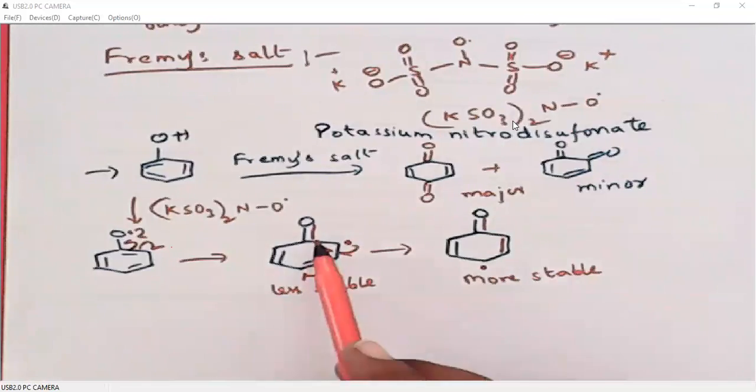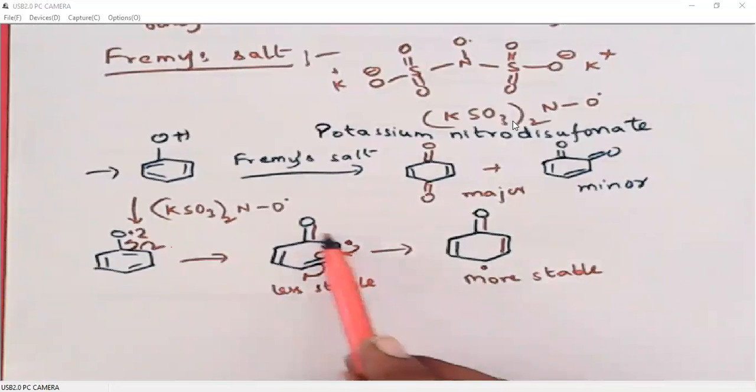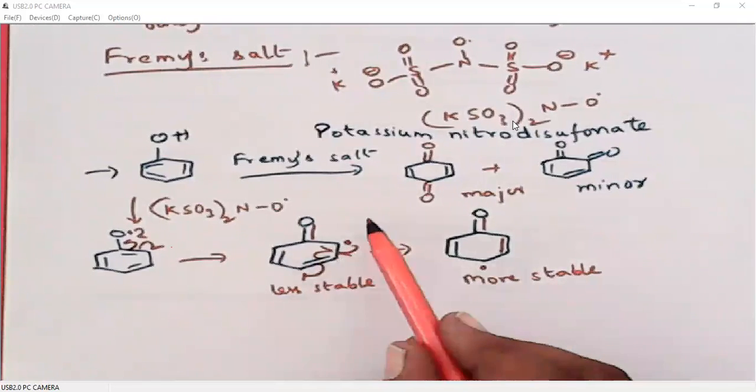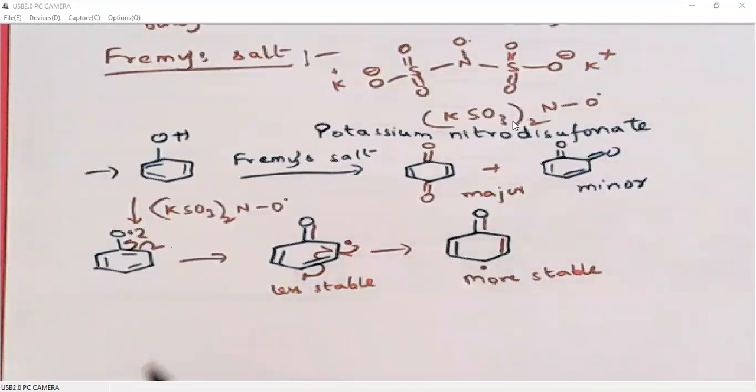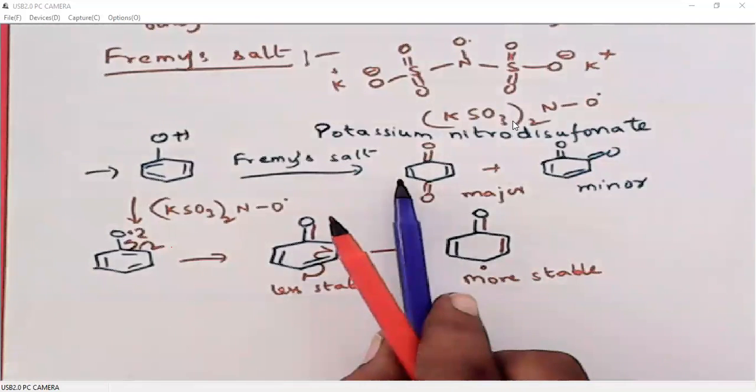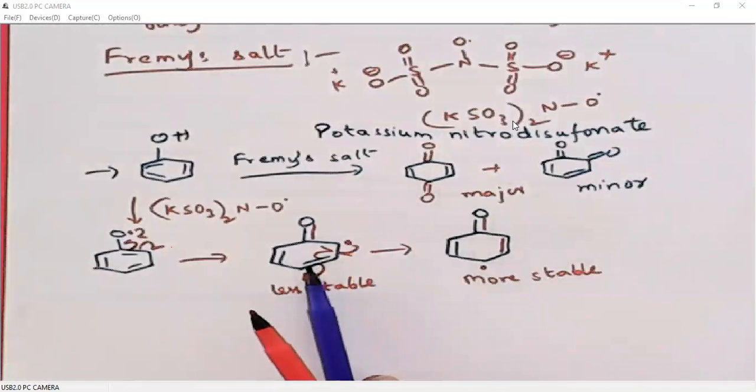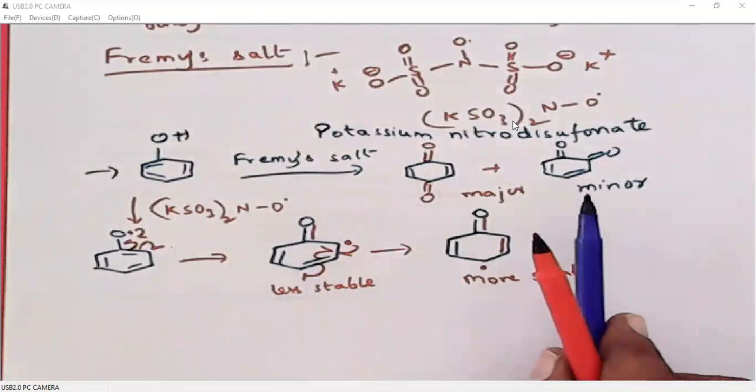But in this case, oxygen and the radical are both attracting electrons in a similar direction, so combinedly they give more dipole moment. That is why it is less stable, whereas this one is more stable. So this one is responsible for the major product, and this one for the minor product.